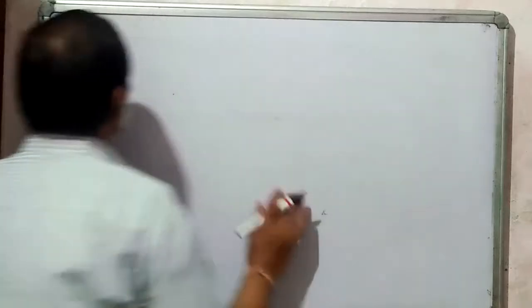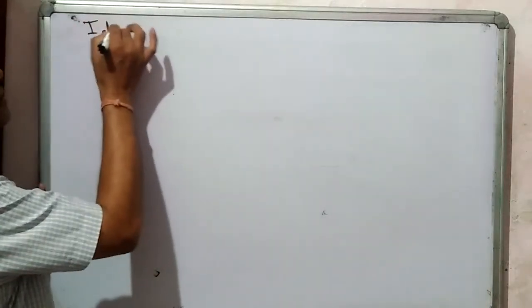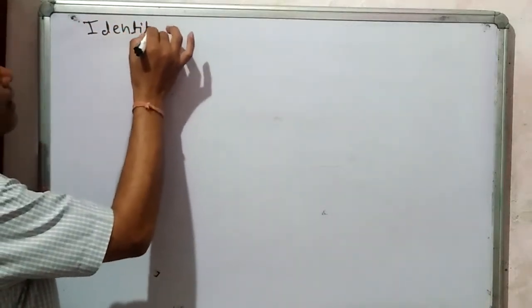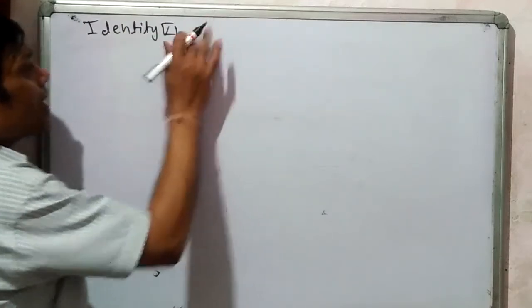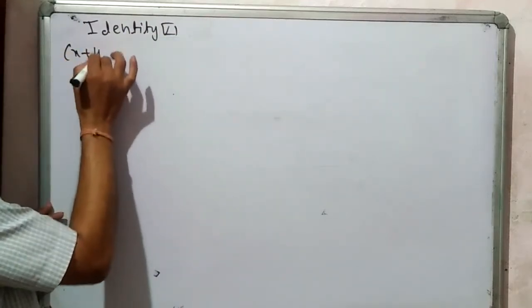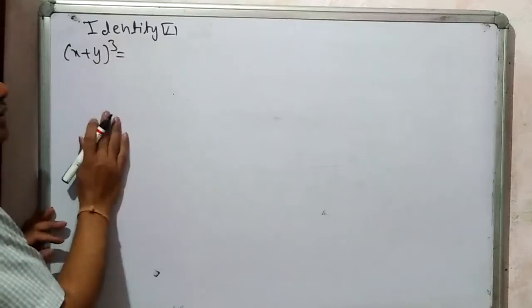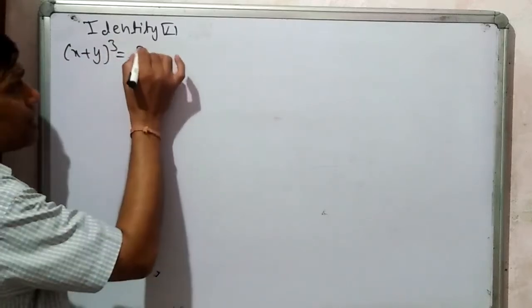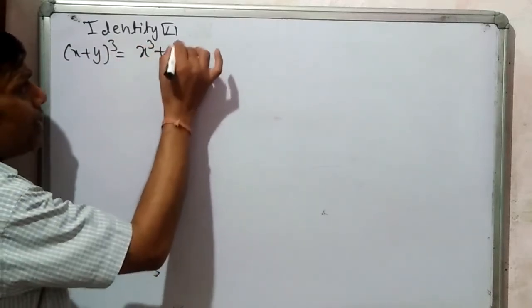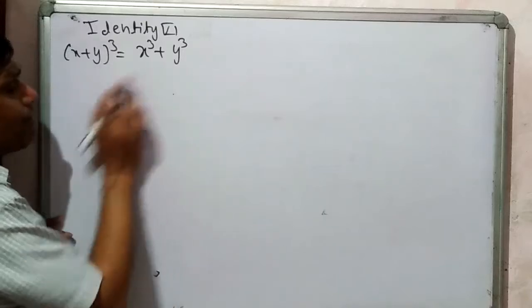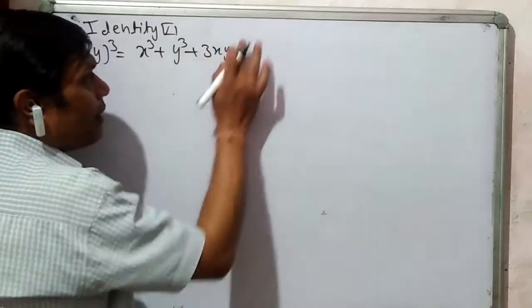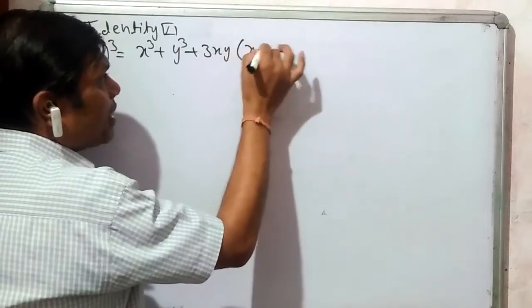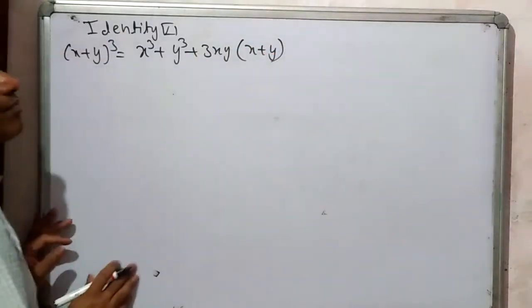After that, students, we have identity number 6. Identity 6, what is it? It is x plus y whole cube. I am writing it in two forms. One is x cube plus y cube, cube of both, plus 3xy. In the bracket, we are multiplying with x plus y.